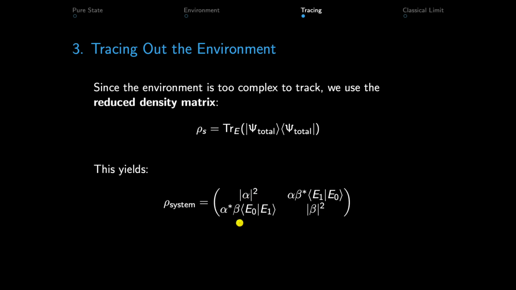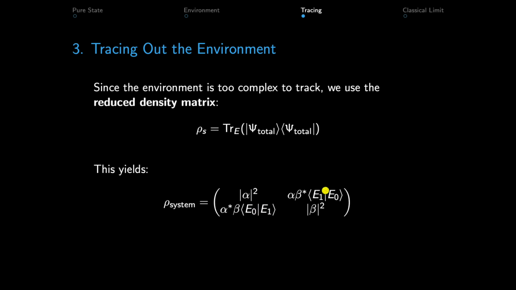And now this is where the interesting thing comes into the picture with respect to the interaction between the system and the environment. The off diagonal elements, which are essentially the representations of the coherences, are now represented by not only these products, but also there is a product with respect to the E0 and E1 states and E1 and E0 states.